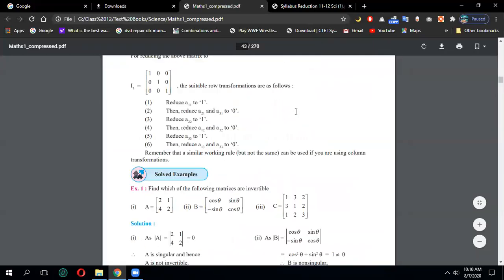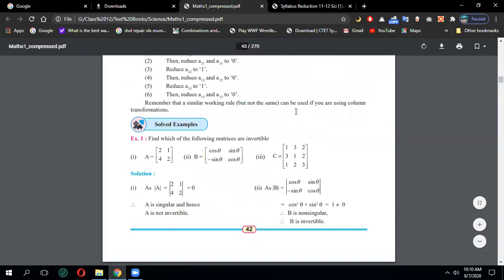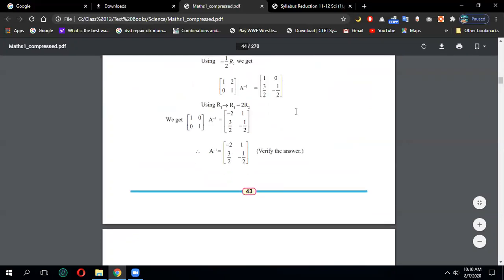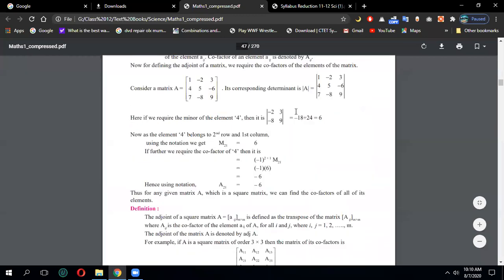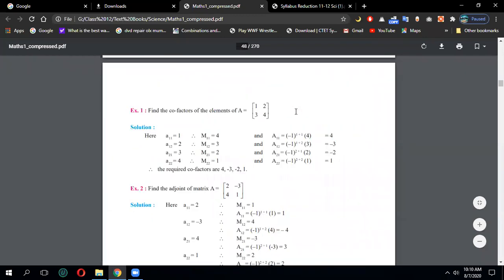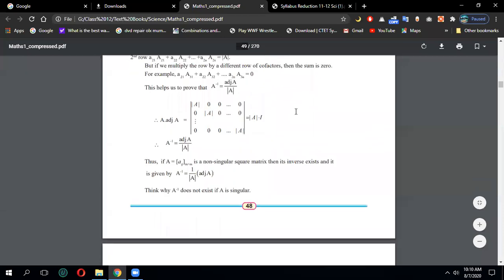Just a second. Page number 51, sir. What? Pardon? Page number 51. Yeah. Okay.